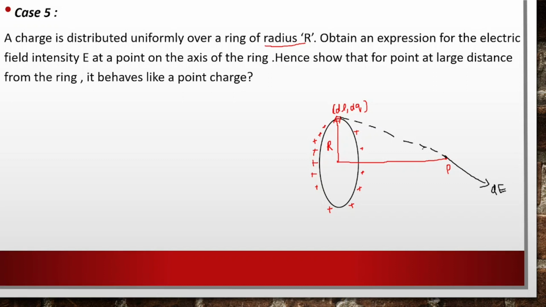And this angle is taken as theta. Since dE is a vector, we can take components of this. So when we take components, since this is theta, this also becomes theta. So this part becomes dE cos theta and this part becomes dE sin theta.